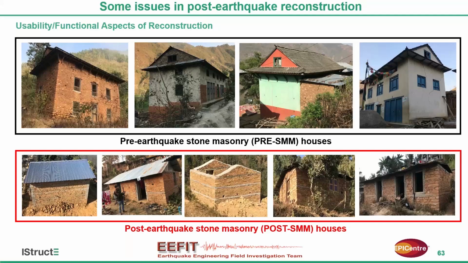And these houses further lack the typical layouts of a house, for example, living room, kitchen, bathroom, bedrooms, and so on. You cannot see any provisions of those. And most of the rural communities are farmers. They have farming, so crops, cattle sheds, they need all these things, but those provisions are not seen in these houses.